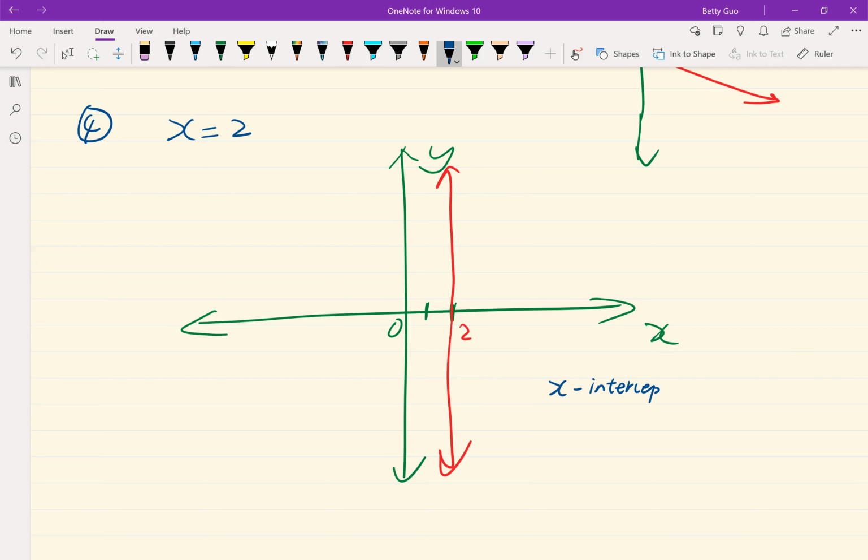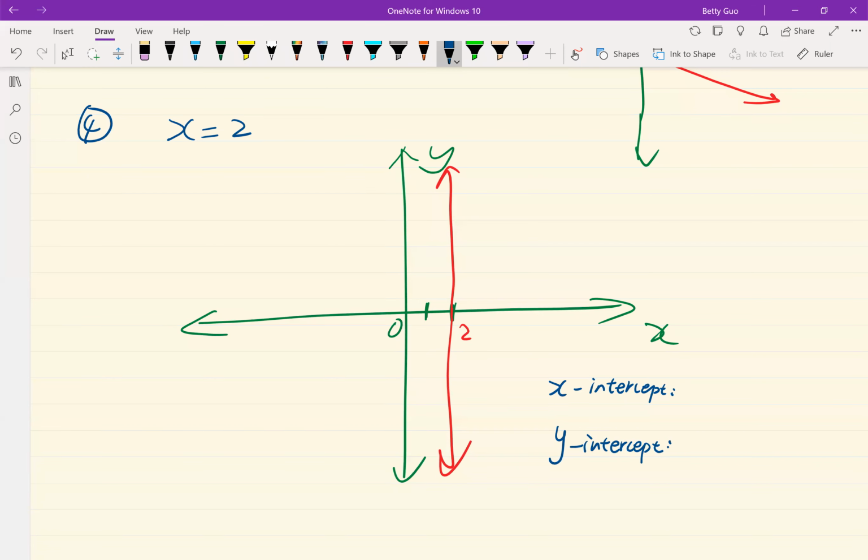Let me repeat the definition for x-intercept and y-intercept. X-intercept is the intersection of the straight line and x-axis. It is a point, so it has 2 coordinates. Y-intercept is the intersection of the straight line with the y-axis.